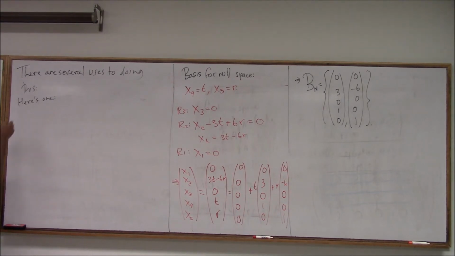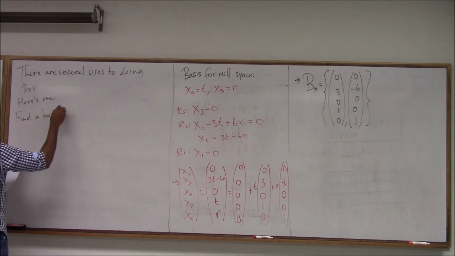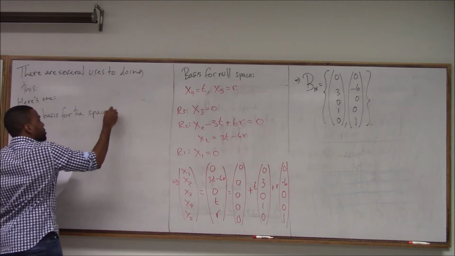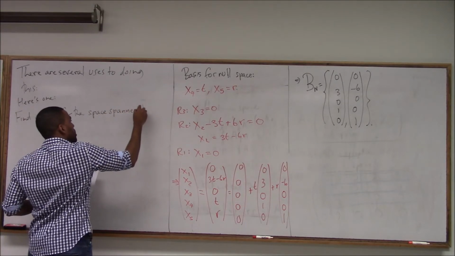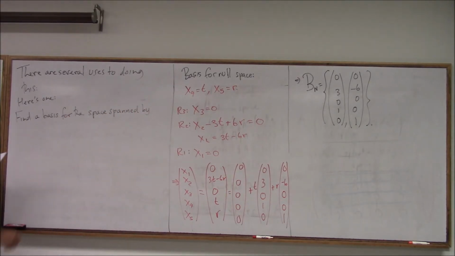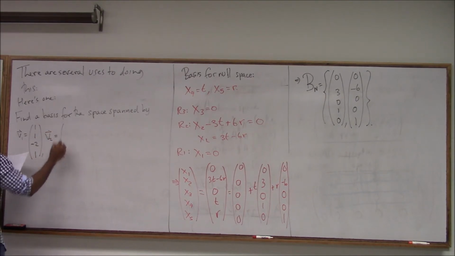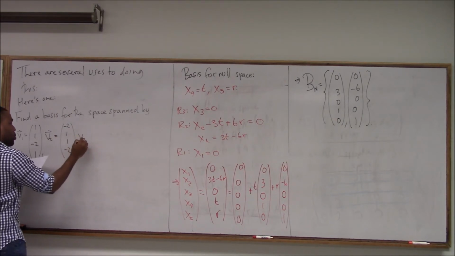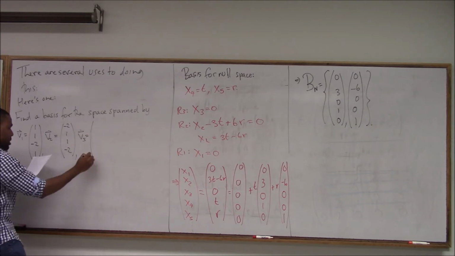Find a basis for the space spanned by, if you're given, 5 individual vectors. And you were asked to figure out what space these guys span, find a basis for it.